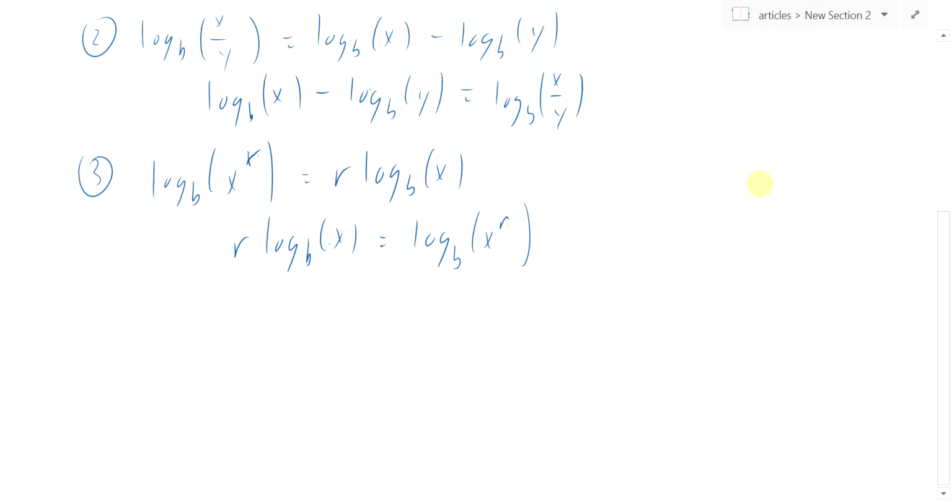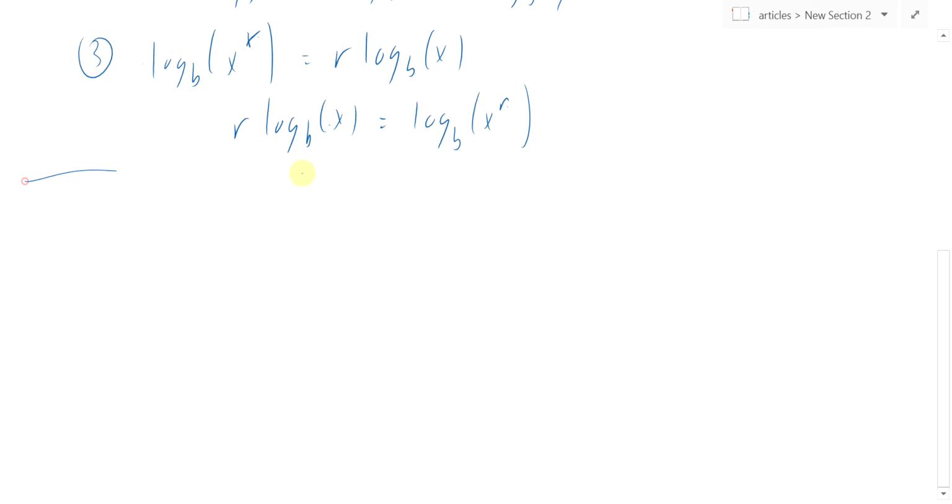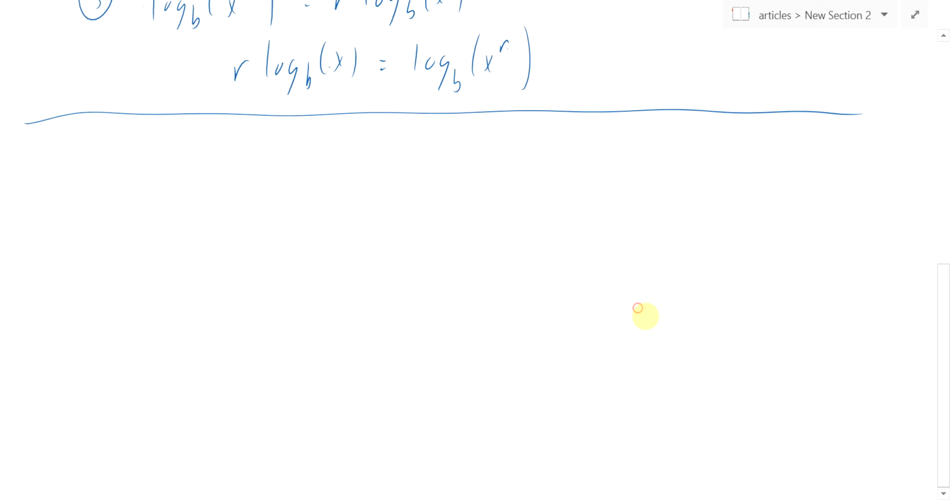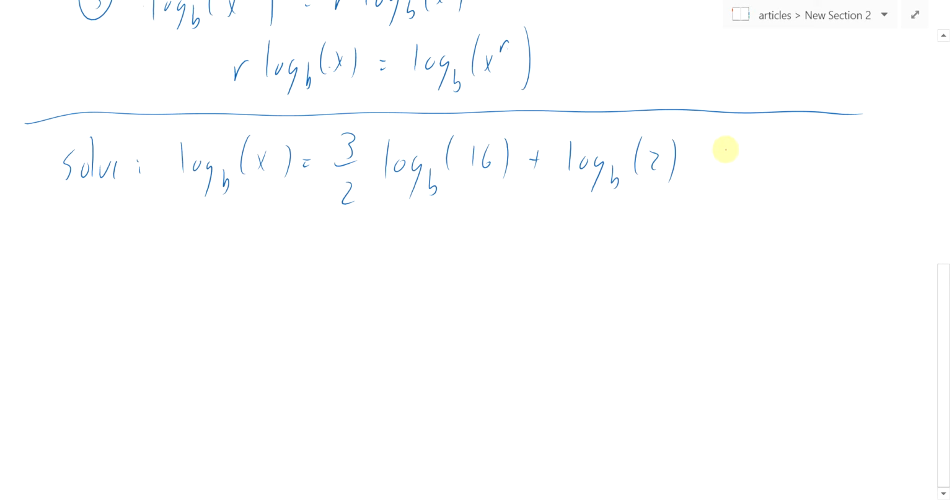Okay, so some problems along these lines. Solve log base b of x equals 3/2 log base b of 16 plus log base b of 2 minus 1/2 log base b of 64.